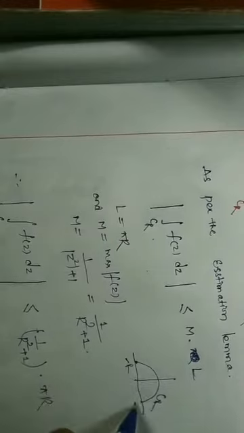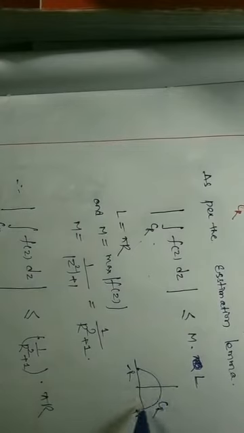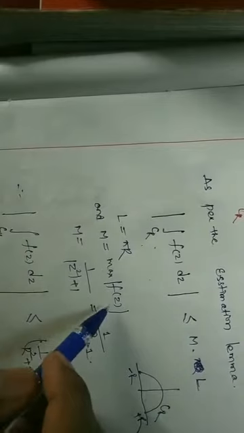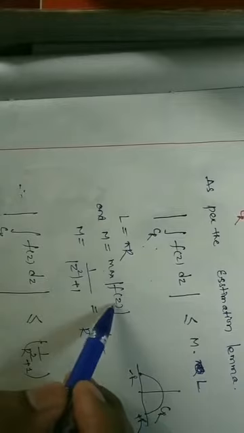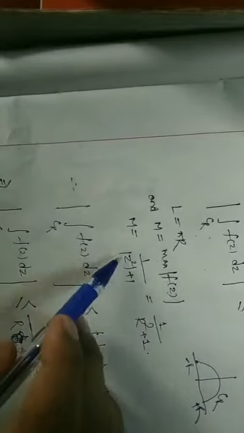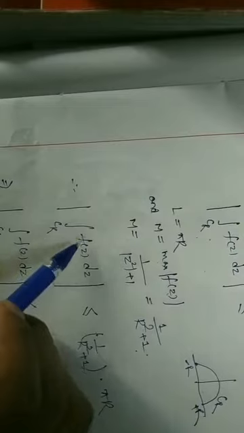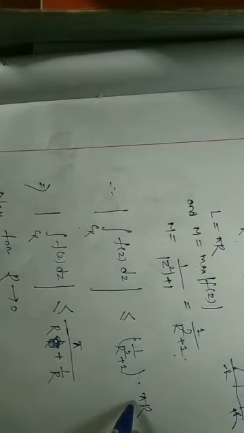Our arc goes from minus R to plus R, so pi R is the length of this arc, and M is the maximum of the modulus of f(z). So M is the maximum modulus of 1 by z square plus 1, which is 1 by R square plus 1, since the modulus of z square will be R square. Hence the modulus of the integral over C_R of f(z) dz will be less than or equal to 1 by R square plus 1, into pi R.